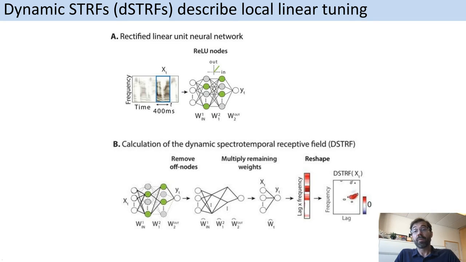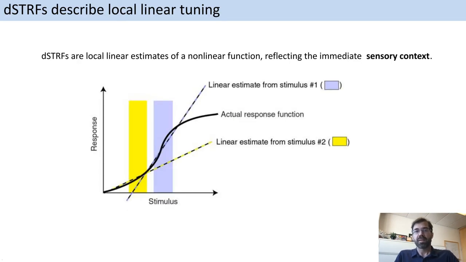But it's important to remember, of course, that this is a dynamic STRF. So the specific STRF will change depending on the particular stimulus that you're presenting. To get a very simple intuition for this, you can think of the stimulus-response relationship for a neural network or any nonlinear system as, in this cartoon example, some curve that's not flat, right?